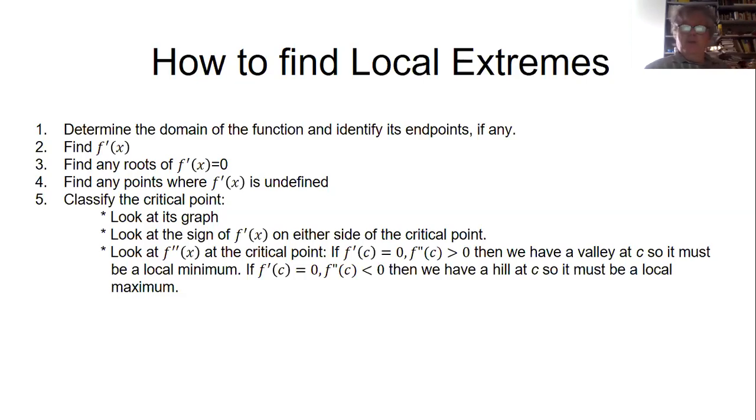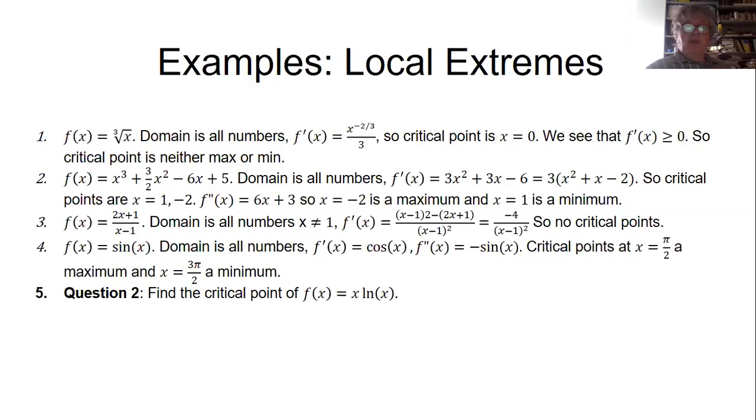Either of those ways will be good. So let's have a look at some examples. Here's some local extremes. Let's have a look at cube root of x. The domain of that is all numbers. Its derivative is, it's x to the third, so down comes the third and you subtract 1, so you get x to the minus 2/3.